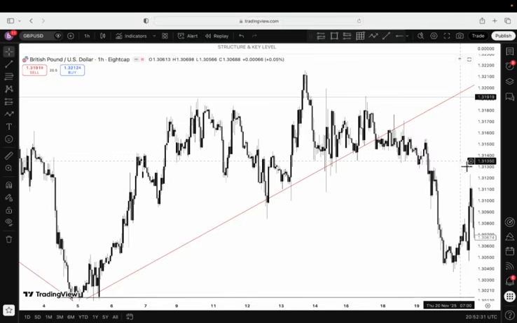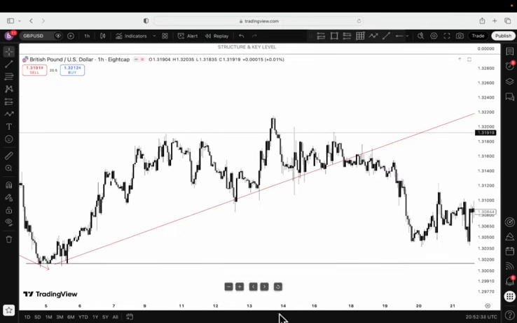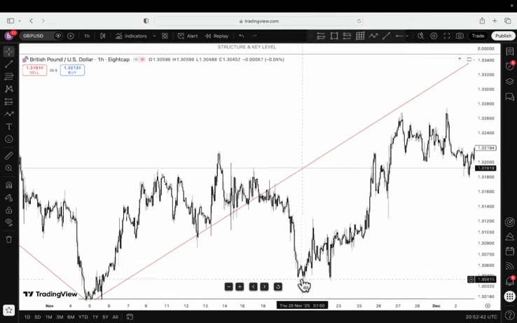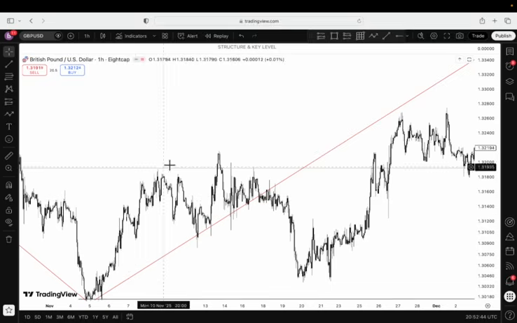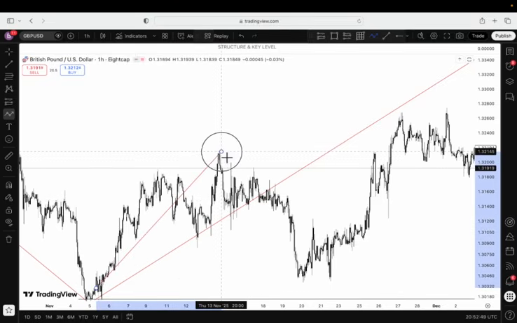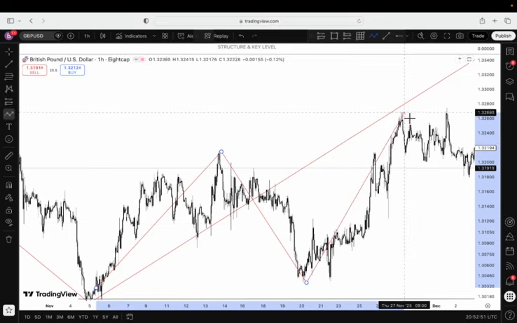Okay, we're going to mark this right now. So this low has taken out all of this, right? Because this is lower than this, so we can't mark any of this anymore. It's just straight from here down here, and then we have this.